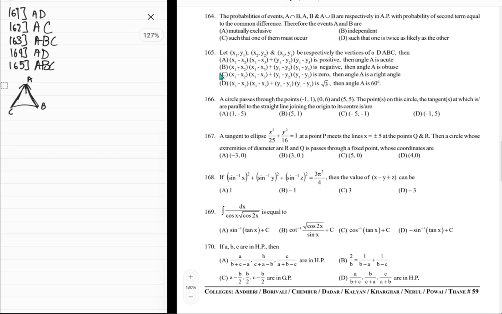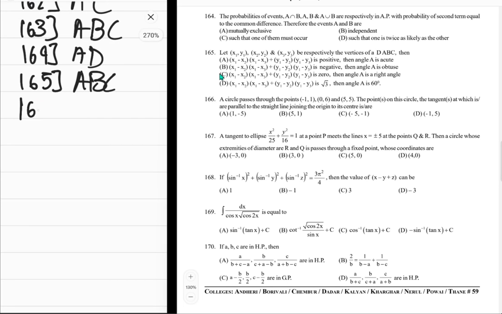Next, 166. Okay, a circle passes through the points. The points on this circle, the tangent at which is parallel to the straight line joining the origin to its center. So tangent parallel to the straight line joining origin to its center.